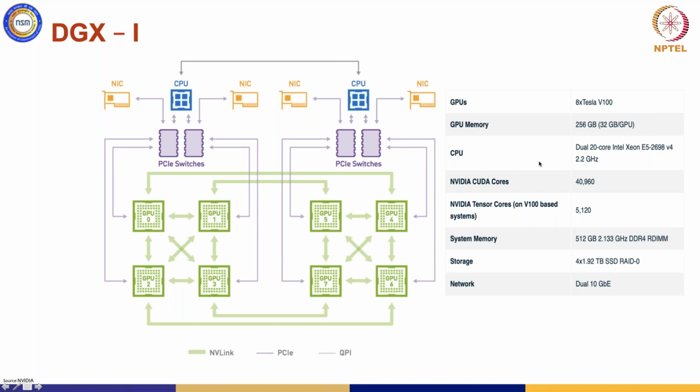So this DGX1 server has 8 Tesla V100s, 256 GB of memory, dual 20-core Intel Xeon CPU processors, about 40,960 CUDA cores, 5,120 tensor cores, and then the system memory and the network. So this is the architecture of your DGX1.